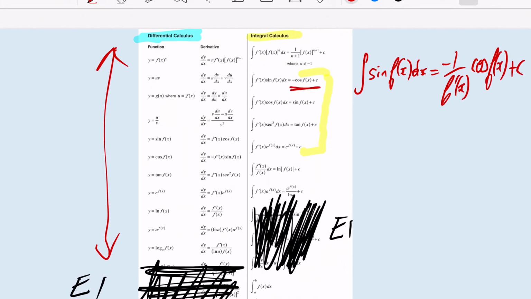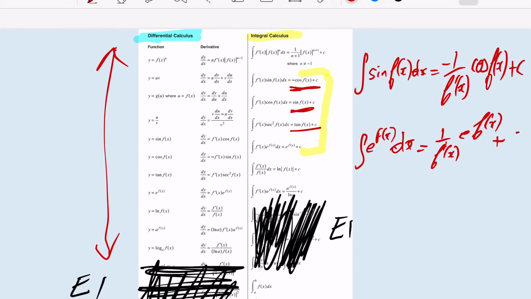Now, look at what's been provided over here, and it's the same as this formula. When I teach the integral of an exponential function with e raised to a function of x, what I teach is that it's 1 over the derivative multiplied by e to the power of f of x plus c. But look what's been given here.